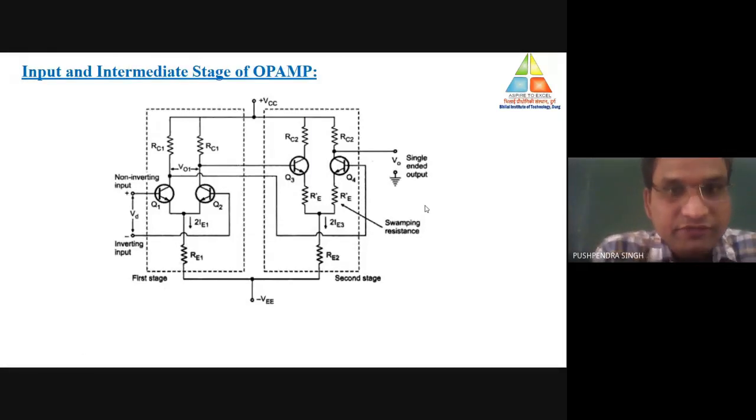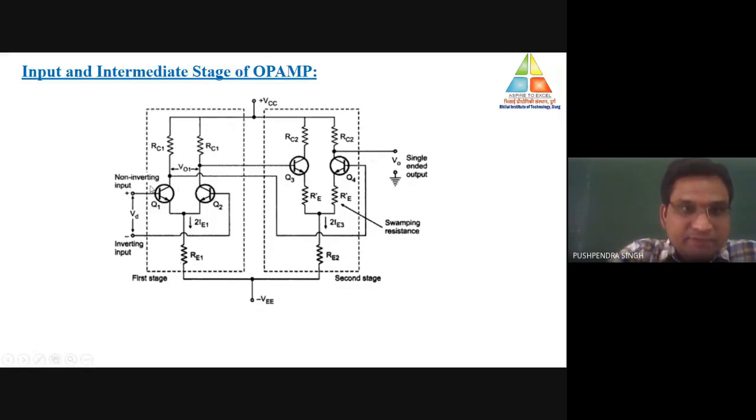So the first circuit shows the connection diagram of the input and intermediate stage of the operational amplifier. This dotted block shows the input stage, or the first stage, of IC 741. As I told you, the input stage is nothing but a differential amplifier. And which kind of differential amplifier?